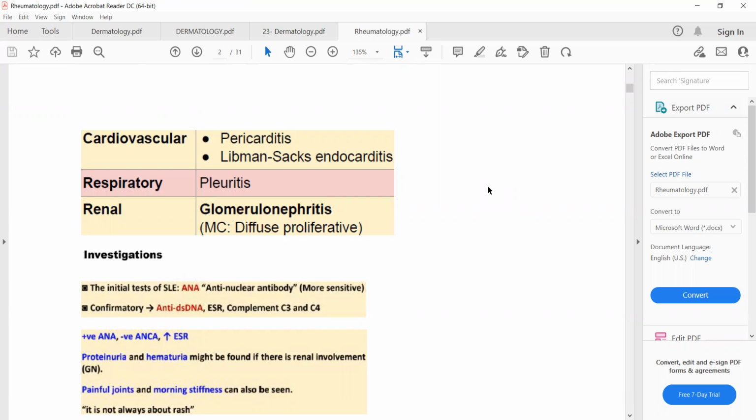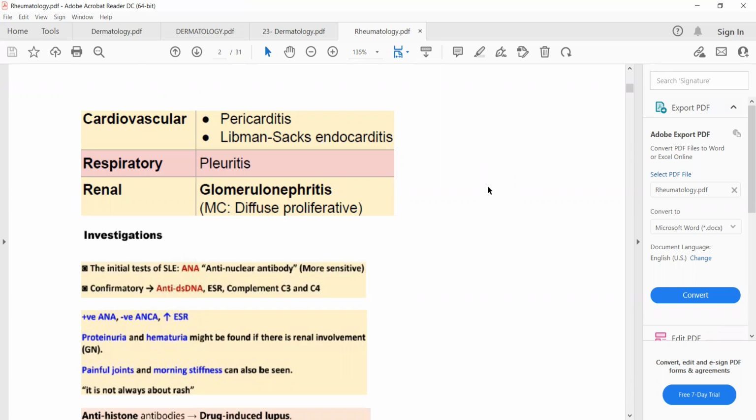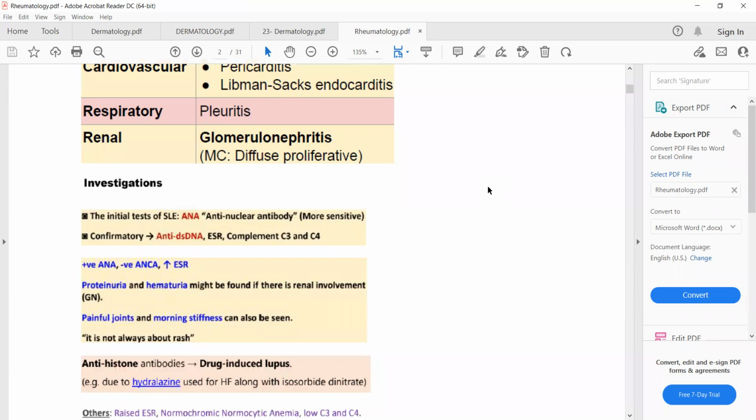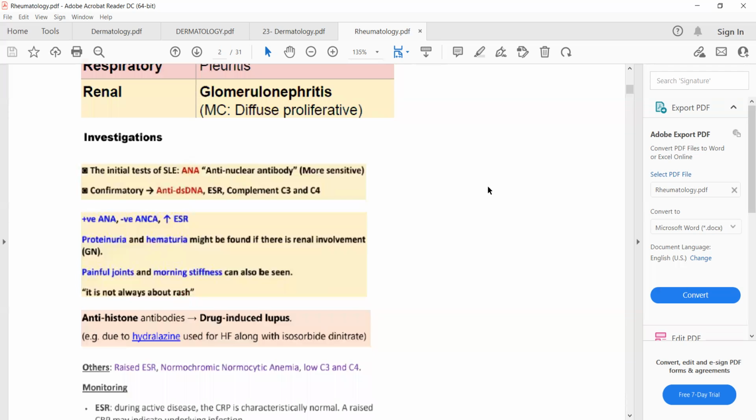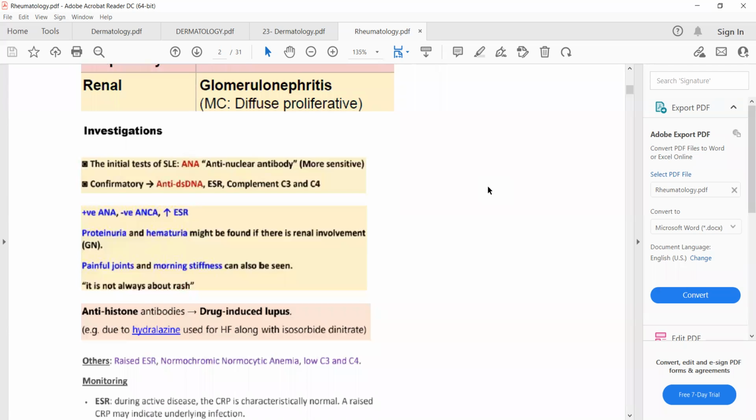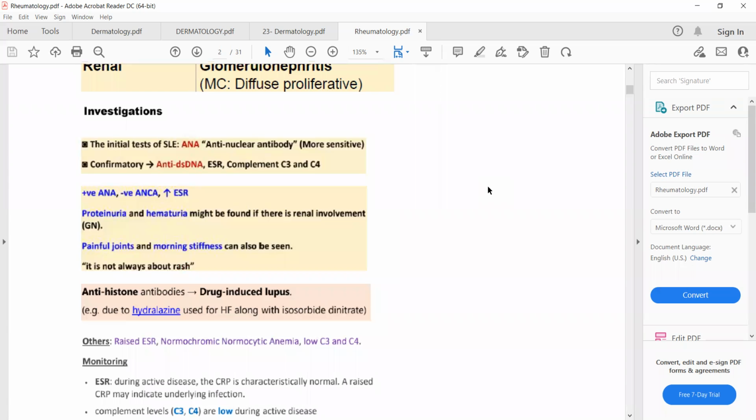And if there is renal involvement, there can be proteinuria and hematuria because of diffuse proliferative glomerulonephritis. Due to involvement of joints, there can be painful joints and morning stiffness can also be seen.